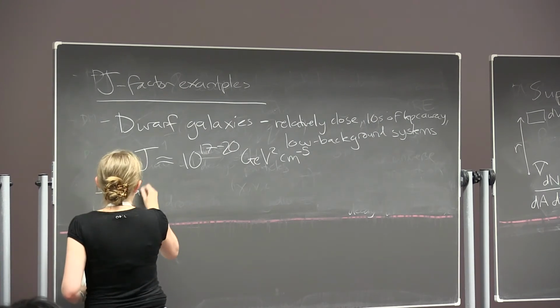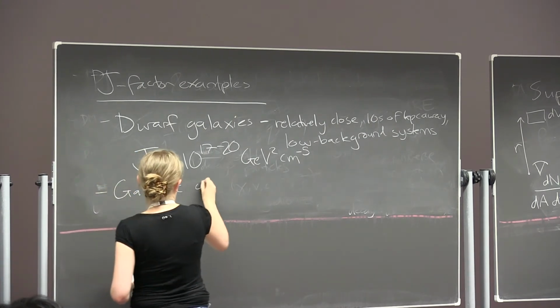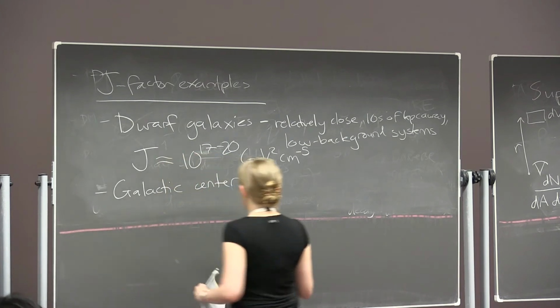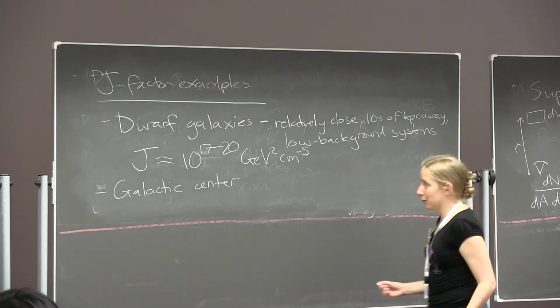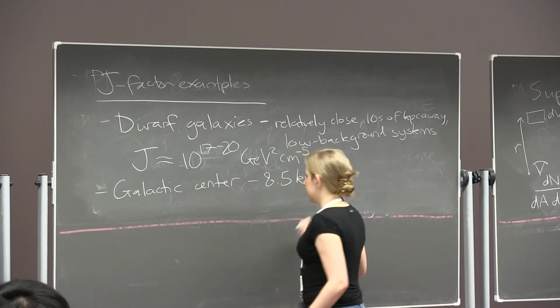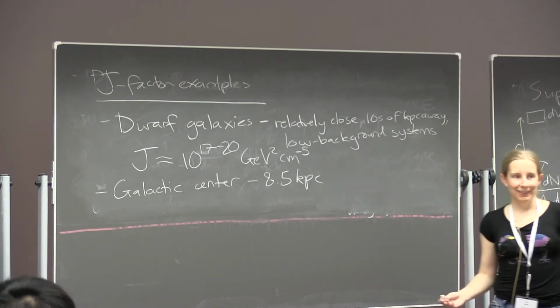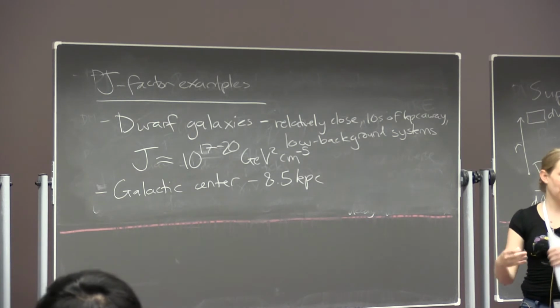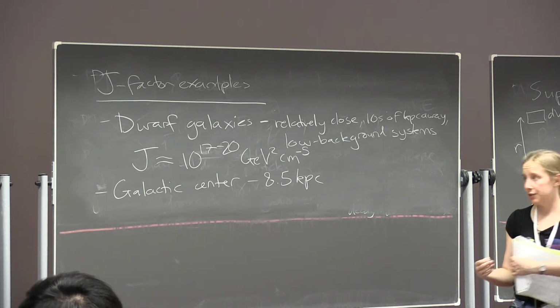The Galactic Centre is another region that people look at a lot. It's very close to us. It's only 8.5 kiloparsecs away. It is probably the biggest concentration of dark matter anywhere in our galaxy, just because dark matter falls into the center of the gravitational potential.